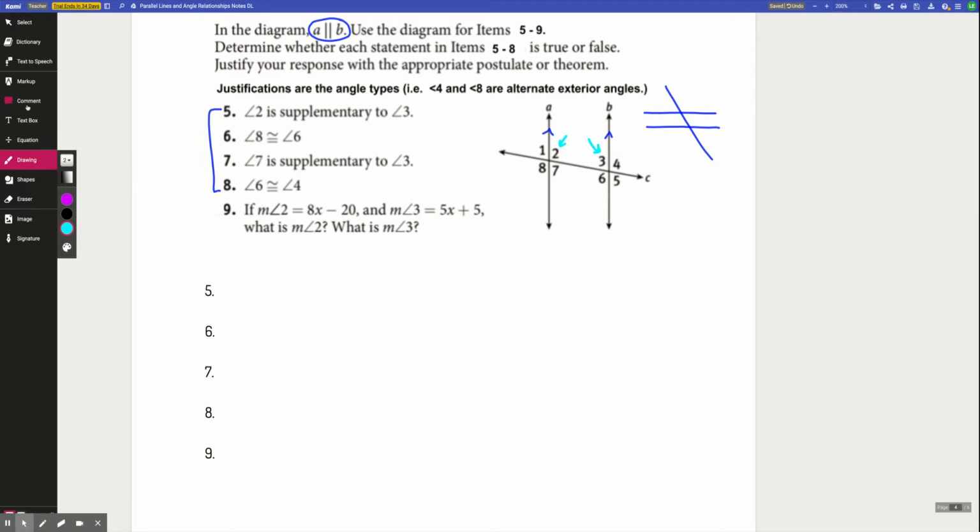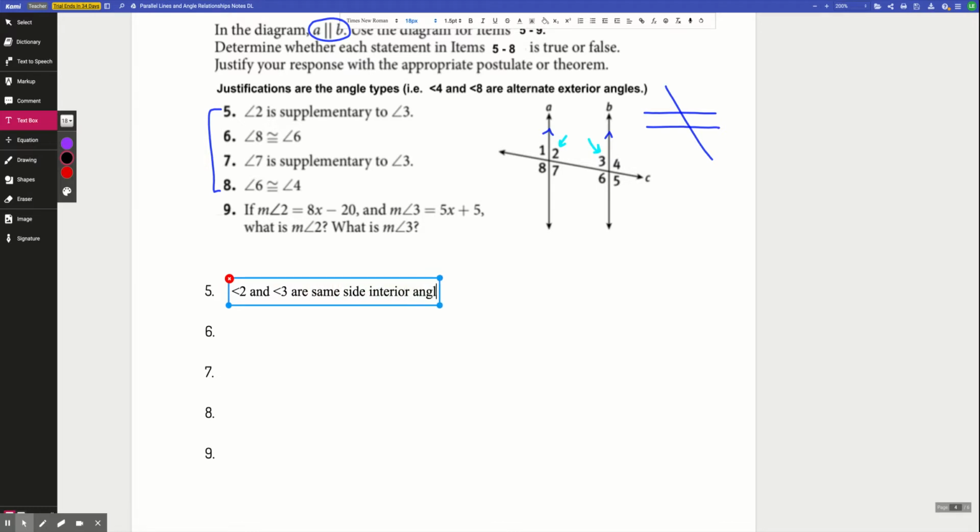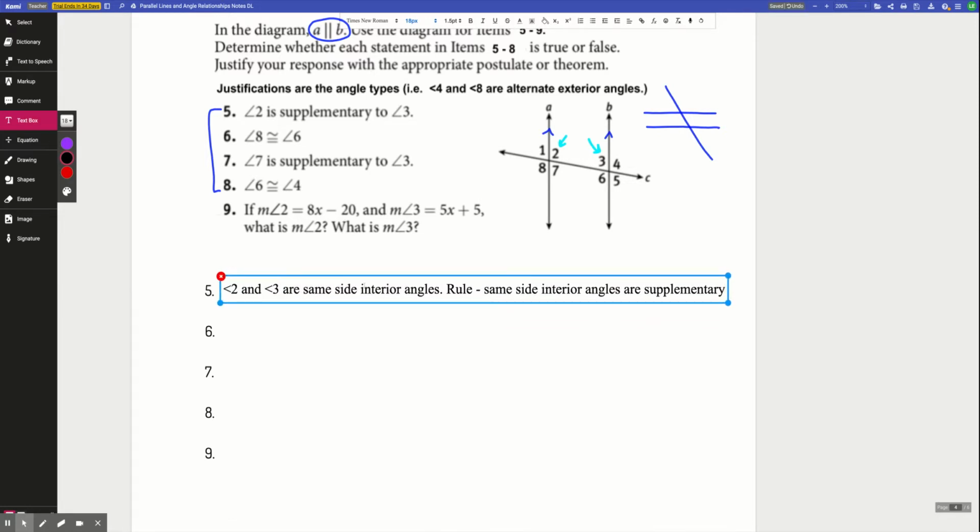So the angle relationship for number 5 is that angle 2 and angle 3 are same side interior angles. And the rule is that same side interior angles are supplementary. So this statement is true.